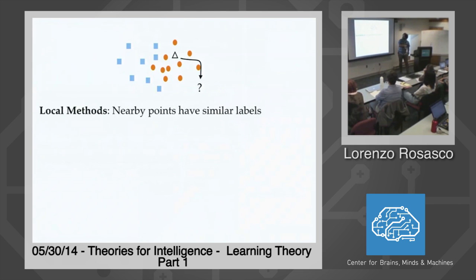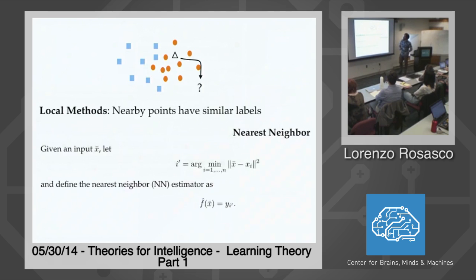For this kind of methods, usually it's a bit of a pain to write them down. So what I do is that you give me x bar, a new point. I compute the distance to all the xi's. These are the rows of the matrix before, okay? So each of these guys is an image.